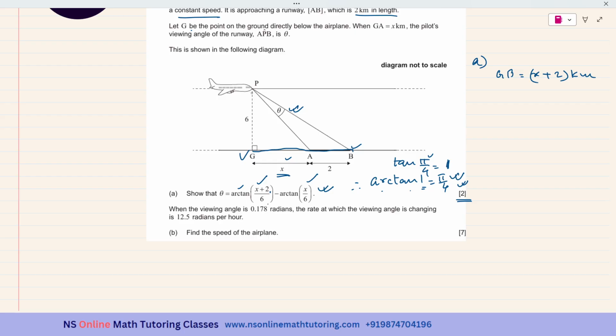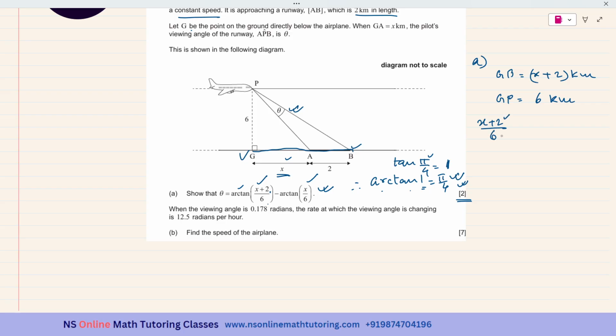And which one is 6? It is PG or GP. So tan of which angle is (x plus 2) over 6?